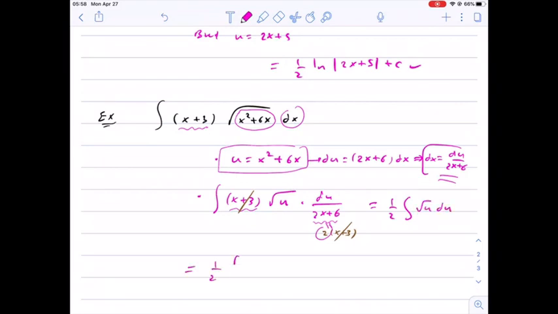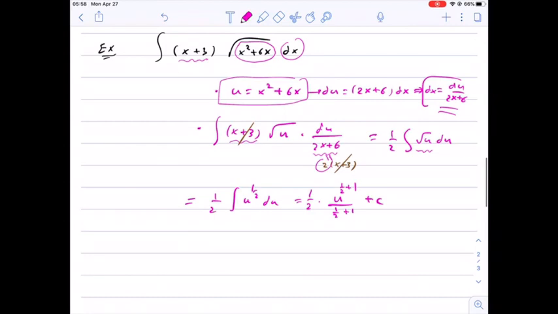But we know that square root u can be written as u to 1/2, and then we integrate. What is the integral of u to 1/2? It's u to 3/2. I mean, we add 1 to the power and divide by the new power. We can write it this way: u to 1/2 plus 1 over 1/2 plus 1 plus c, and then this is 1/2 u to 3/2 over 3/2 plus c, and then we can flip this because we have a fraction in the denominator.